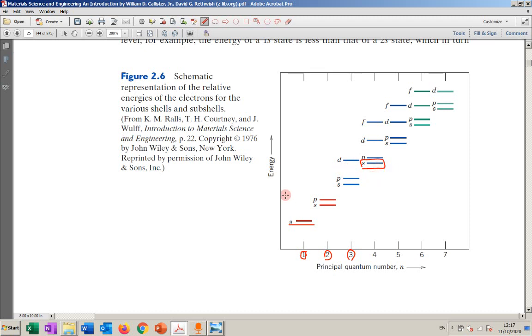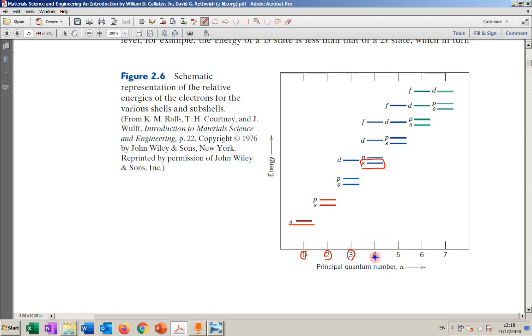Now why is that so? Because each atom of each element wants to be in a stable condition and in a lower energy condition. When those levels go up, their energy is increasing. So if there is an opportunity to fill a lower energy level, they will fill that one, then they go for the other one.